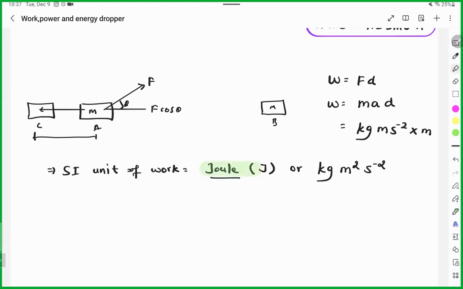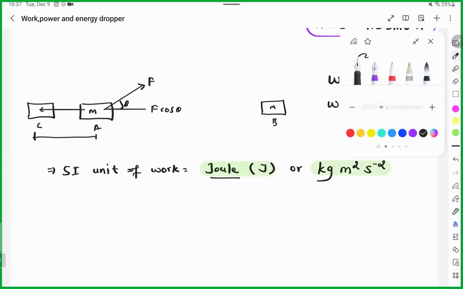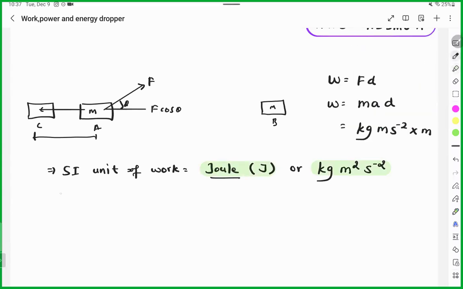That's why I ask, everybody knows joule, but they will take time to figure out this. Because if you know the SI unit in the basic form, then dimension automatically becomes easy. So, Varinder, what is the dimension of work? ML square T minus 2. Correct.